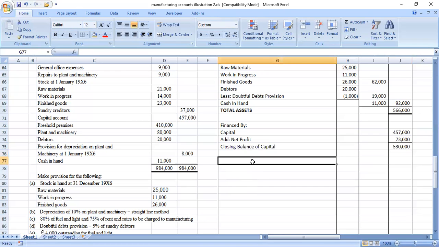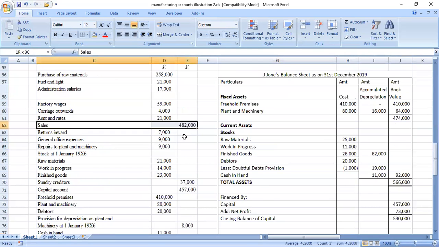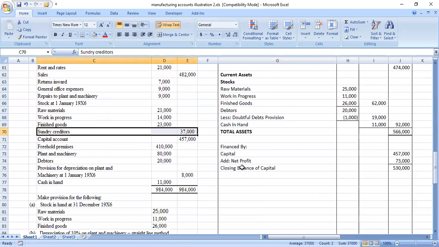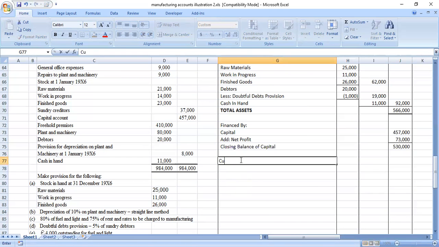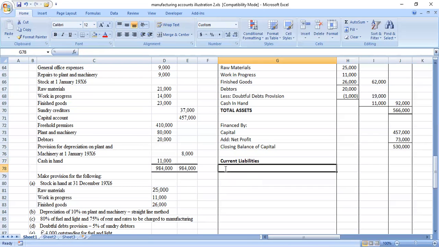And then we have liabilities. The liabilities we only have is sundry creditors. So then we have current liabilities. Current liabilities, we have sundry creditors. You can see that. Yes.